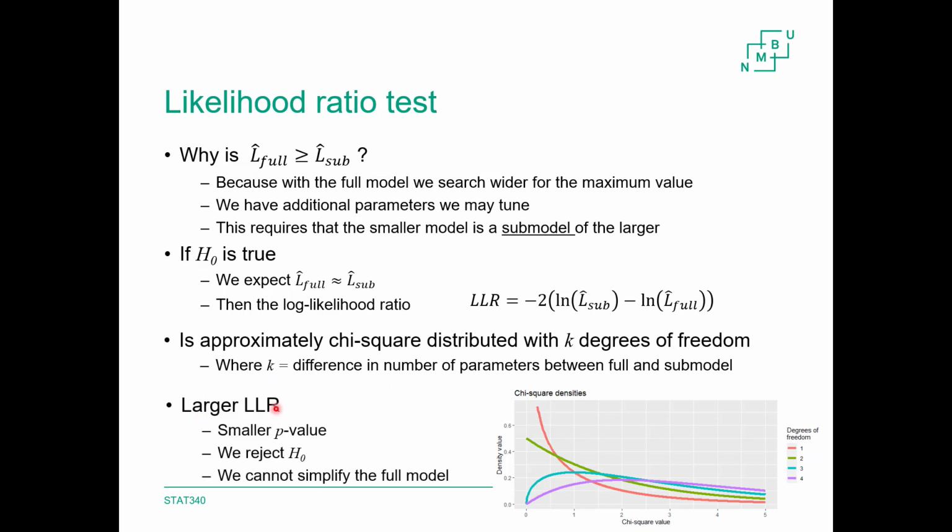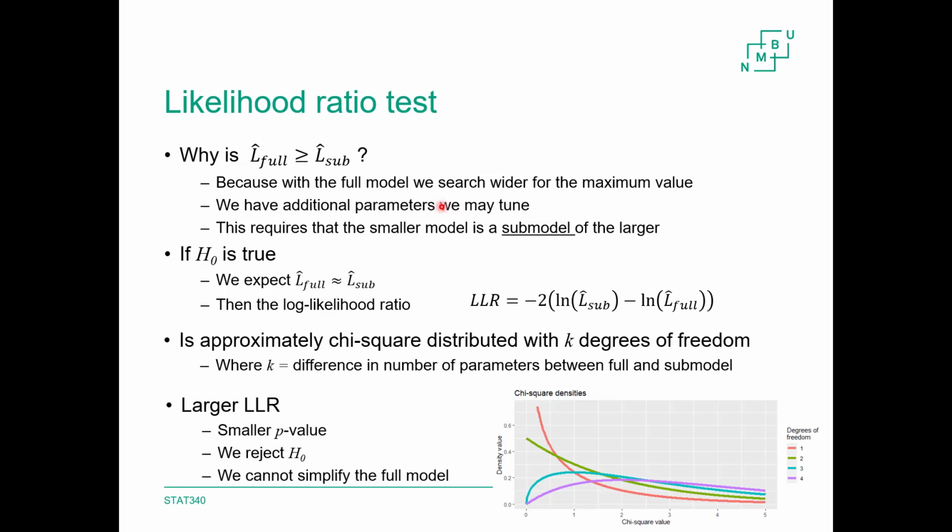So the larger the likelihood ratio, log likelihood ratio, the smaller the p-value gets, and the smaller p-value means we reject the null hypothesis. If we can reject the null hypothesis, we cannot simplify the model.